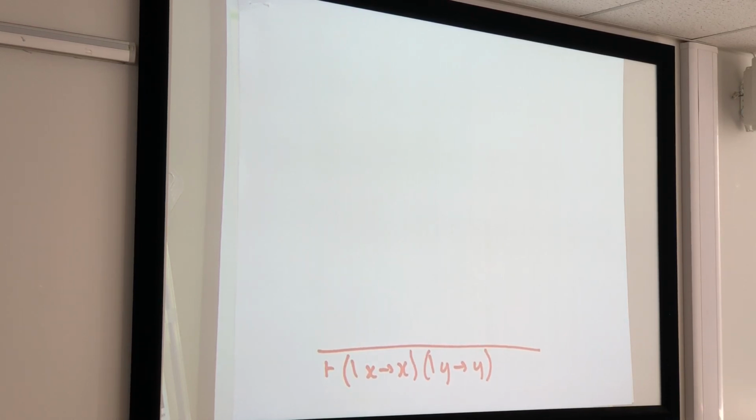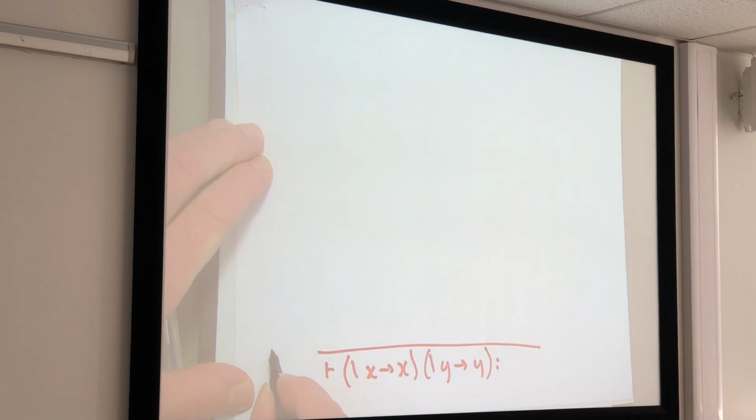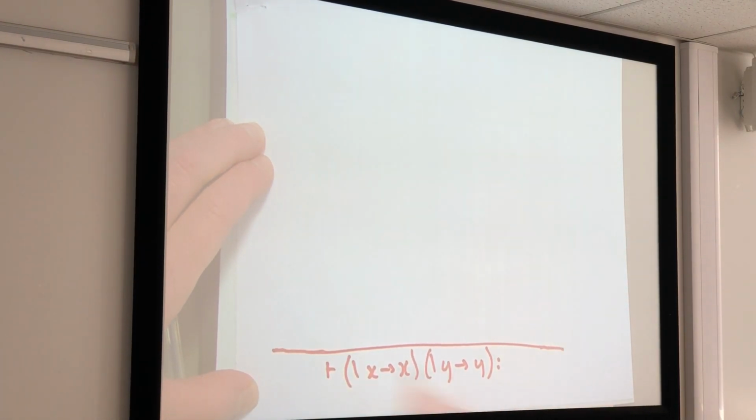So, at the moment, we've got no idea what type this thing has. But we do know that our only chance to give it a type is to use the application rule. So let's use the application rule as far as we can see. So there's lots of missing information.